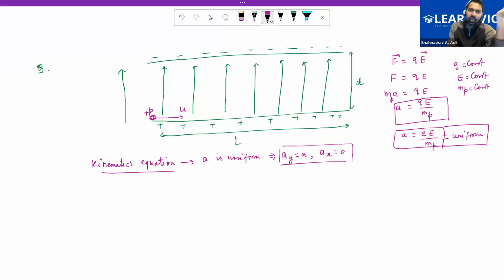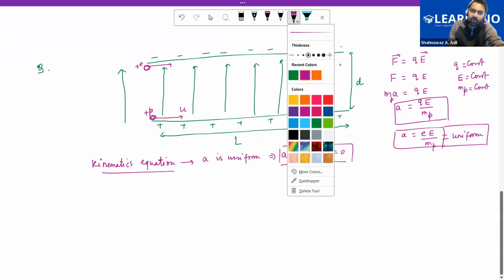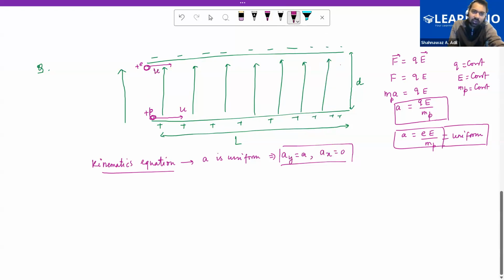Now, a similar thing we do. We provide an electron from this side. So the electron will feel the force in which direction? This is the electric field, right? So let's say we provide again this electron, and we provide u velocity.